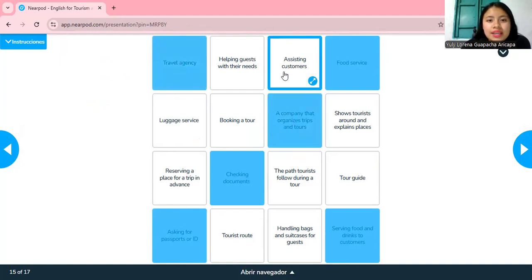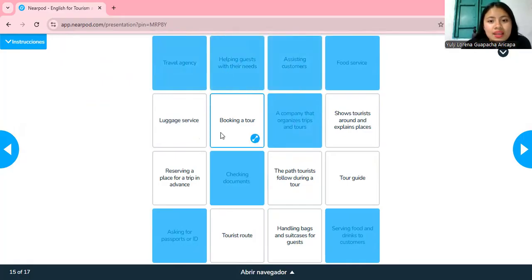Assisting customers is helping guests with their needs. Luggage service is handling bags and suitcases for guests.